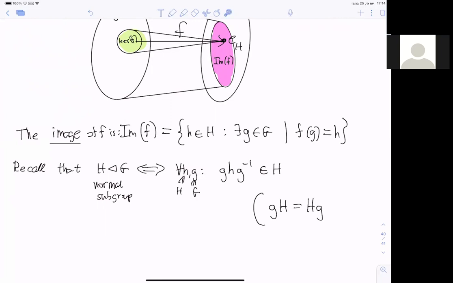Now, this doesn't mean that g little h is equal to little h g.